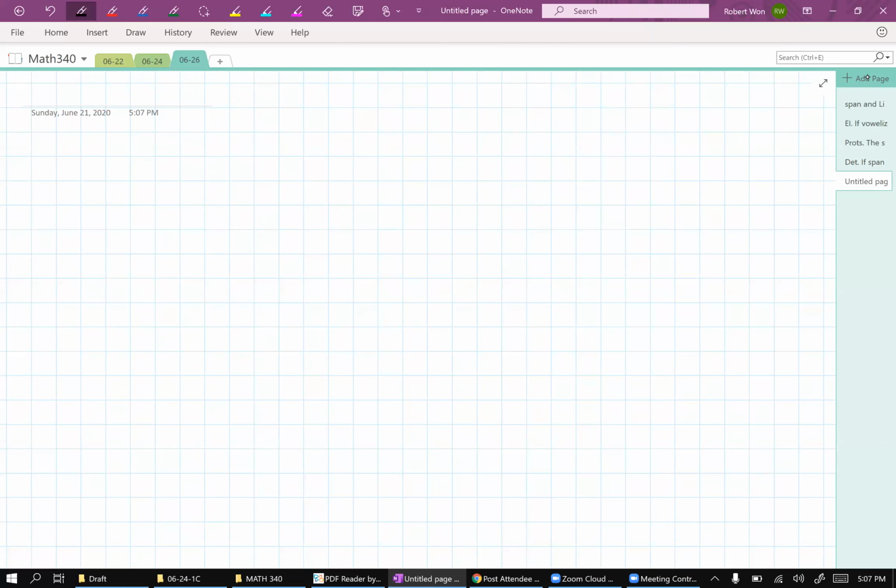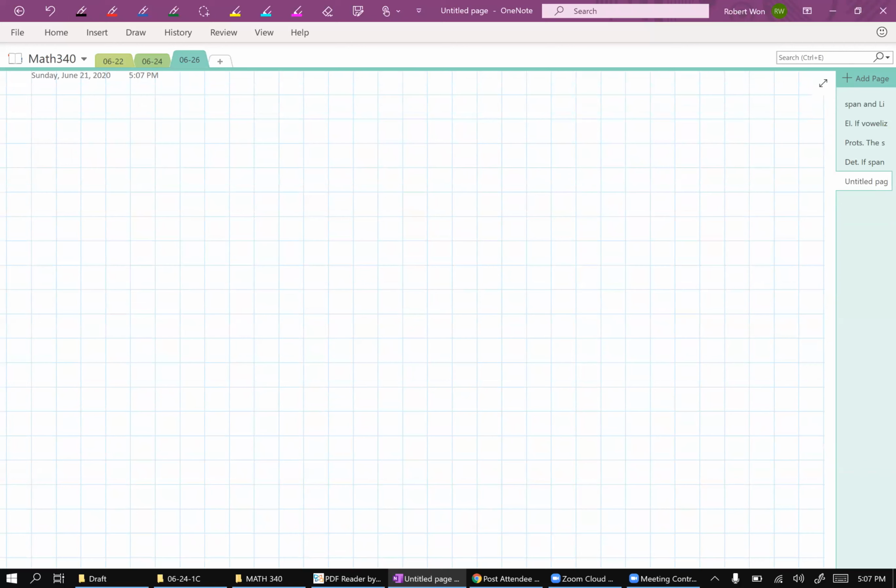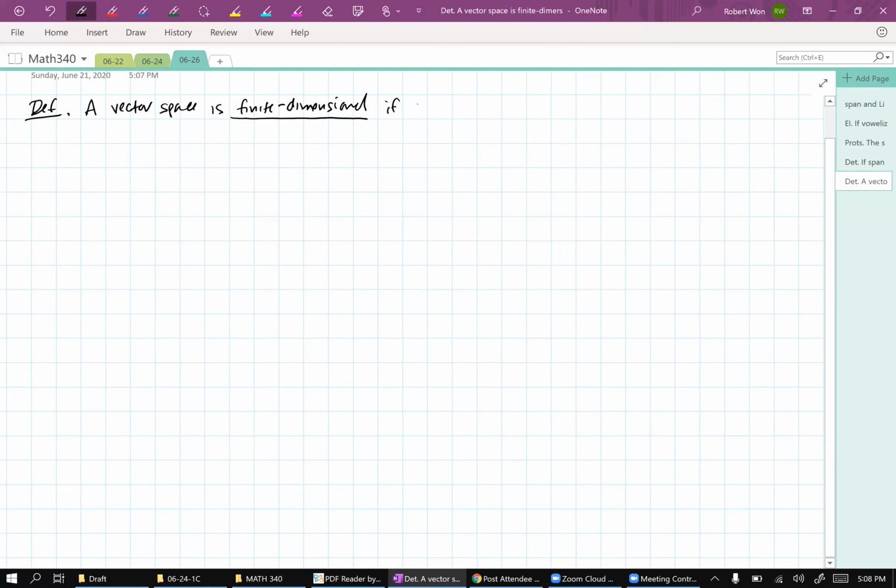More definitions. We say that a vector space is finite dimensional if it is spanned by finitely many vectors. Right?